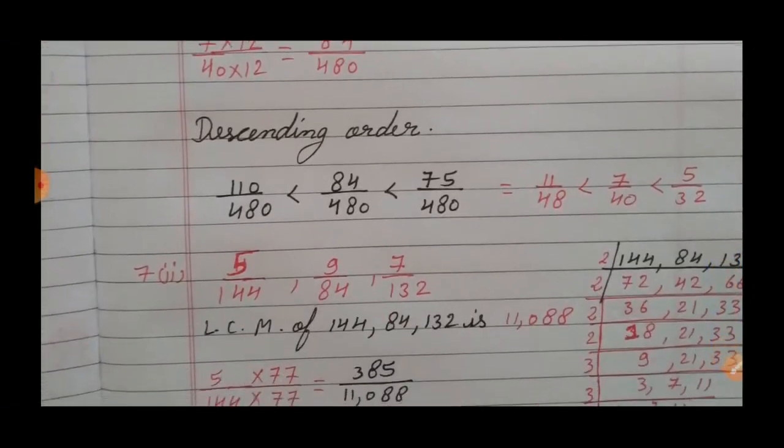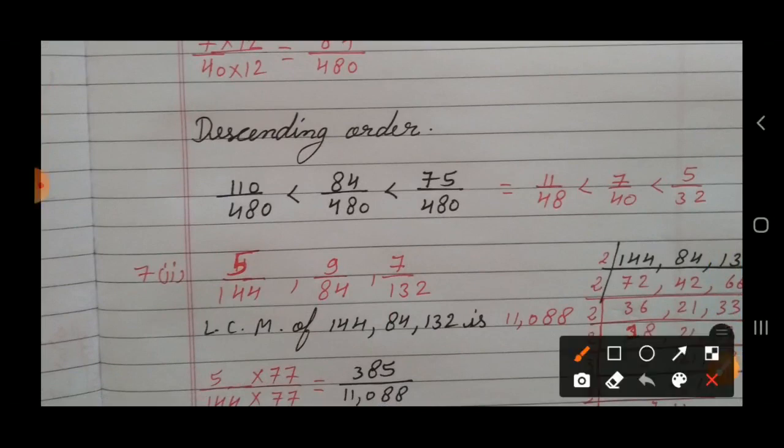Those are having equal denominators. Descending order means the greatest one we have to write first, that is 110 upon 480. Less than this 84 upon 480, and then after this one 75 upon 480. Original form is 11 upon 48, 7 upon 40, 5 upon 32.